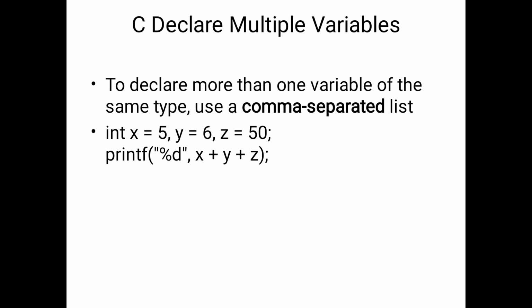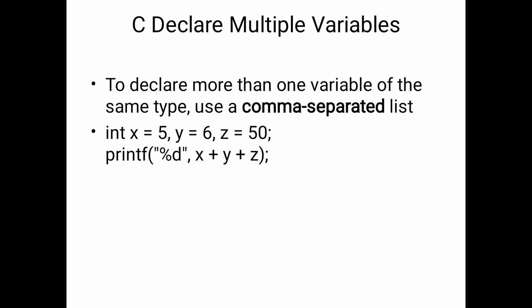Previously we assigned a type, variable name, and a value. Here I use the same data type with different variable names. For example, x equal to 5, y equal to 6, z equal to 50. I am using integer forms, therefore the type is integer, percentage d, x plus y plus z.